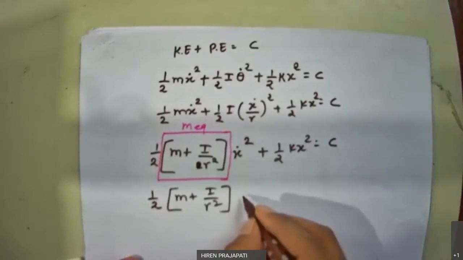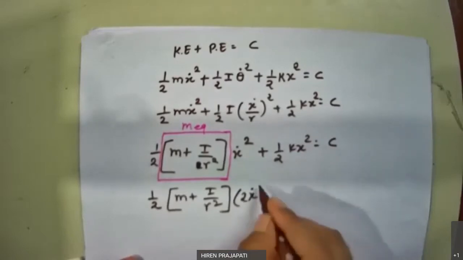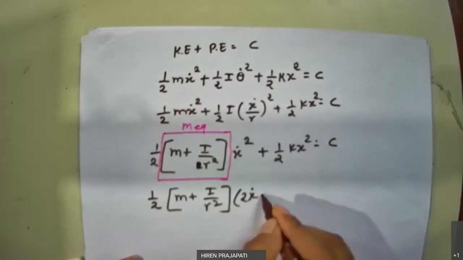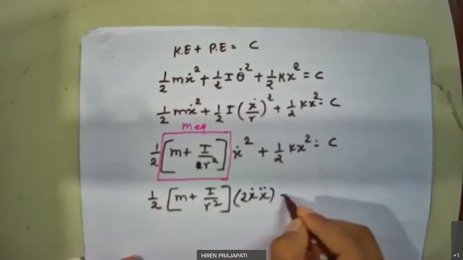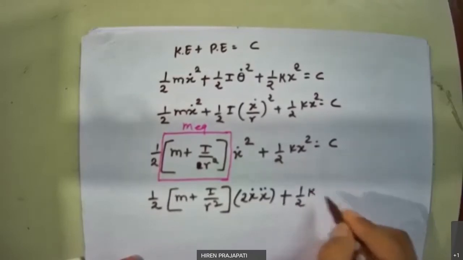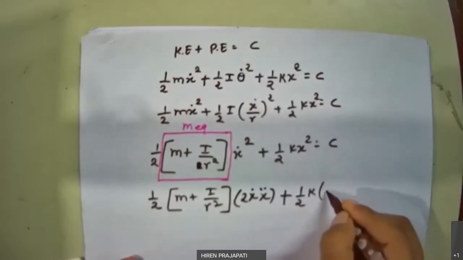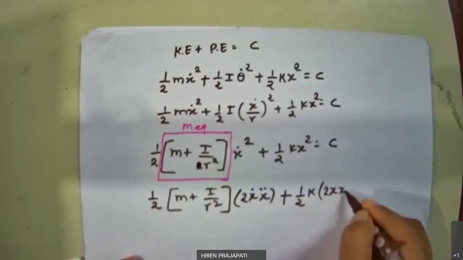Now differentiation of x dot square is 2 x dot, and x dot is again differentiated, so we get x double dot. Plus 1 half k x square differentiation is 2x, and x is again differentiated, so x dot.